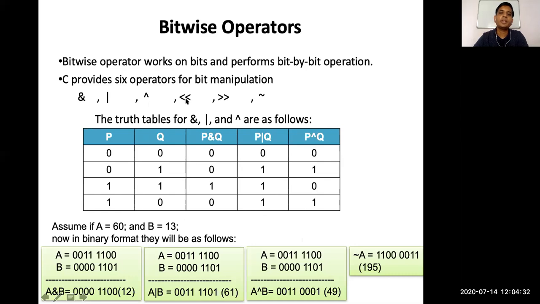Next are the left shift and right shift operators, which shift your bit pattern by a specified number of positions. The last one is the complement operator. Complement means the binary content of your variable gets inverted, so 1 is replaced by 0 and 0 is replaced by 1.